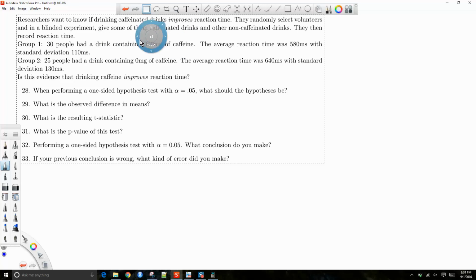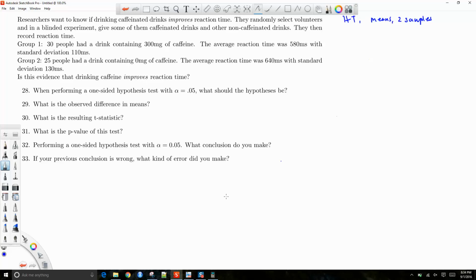Okay, and so here, when we look through this problem, we see that we've got 2 samples, and we are dealing with means, right? We're looking at the reaction time, which is measured in milliseconds, and it gives us a standard deviation. So we've got means. We have 2 samples, and then looking at the questions, we see things like p-value and test statistic.